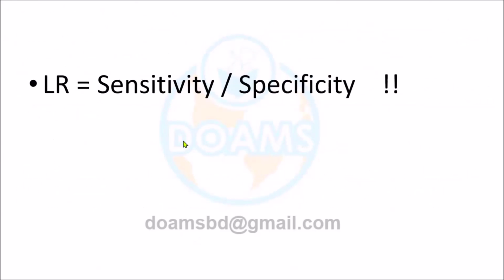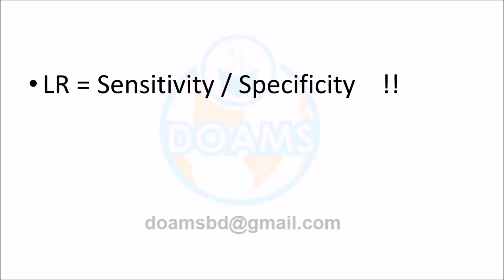Now come to the calculation. Again, be with me with your pen and paper. Just write down this formula, though it is not a complete formula. I am just initiating my talk and trying to help you remember this. LR, likelihood ratio: if you think in this way, sensitivity divided by specificity.